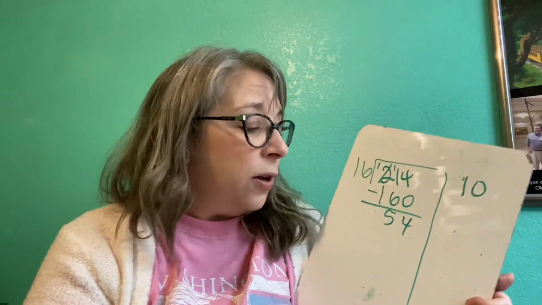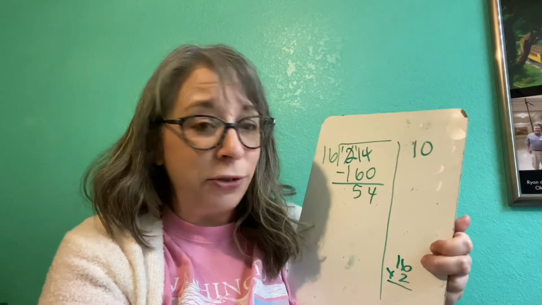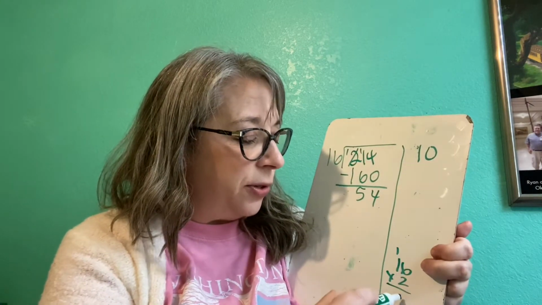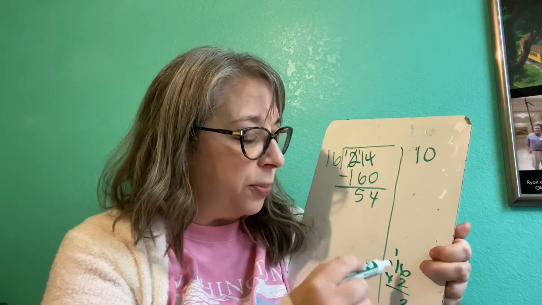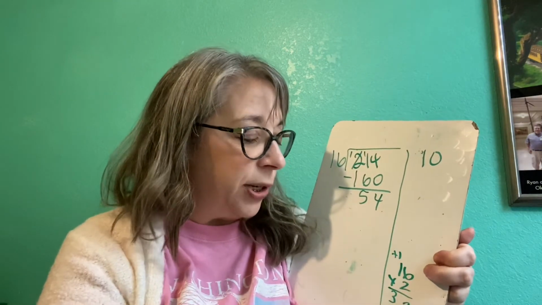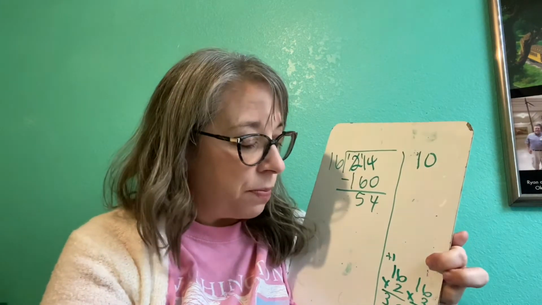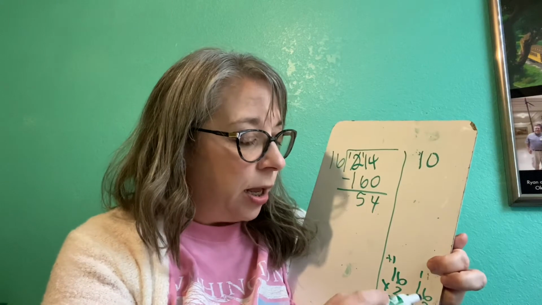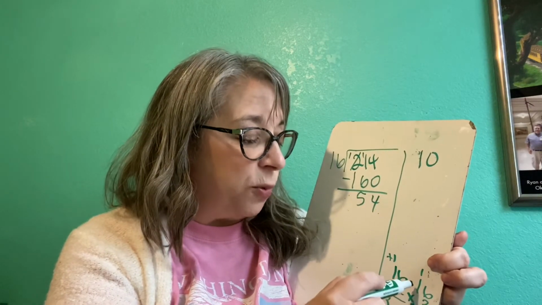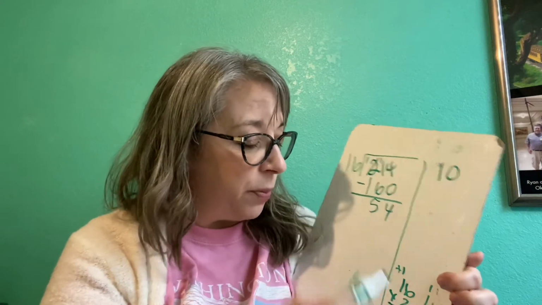All right, so I don't know, 16 times 2. See, I make my little chart down here. 6 times 2 is 12. 2 times 1 is 2, plus 1 is 3. That's 32. I might be able to go up one more. So let's do 16 times 3. That is 18. And 3 times 1 plus 1 is 4. Oh, 48. That's pretty close. I don't know if we can go up one more.